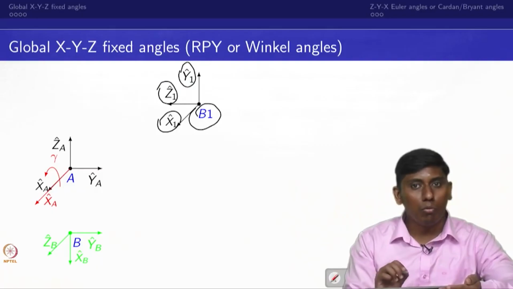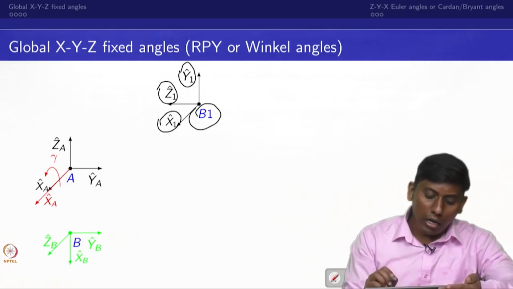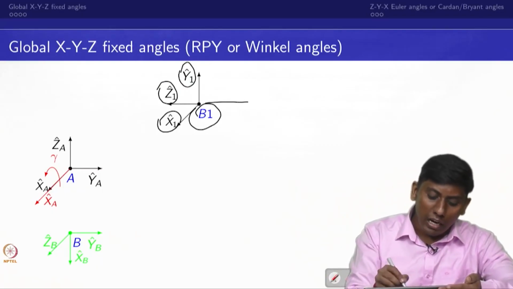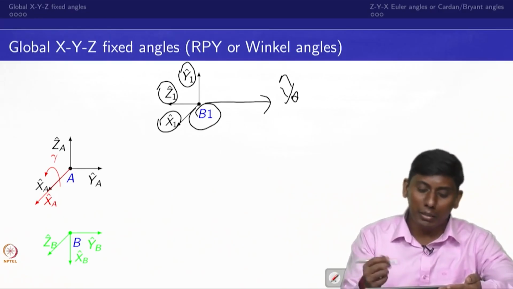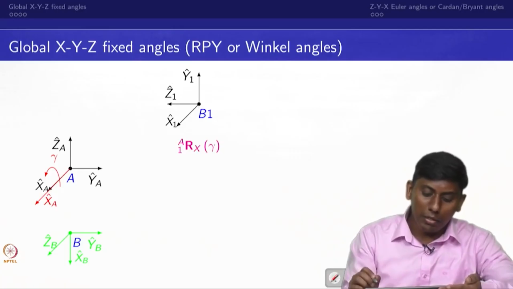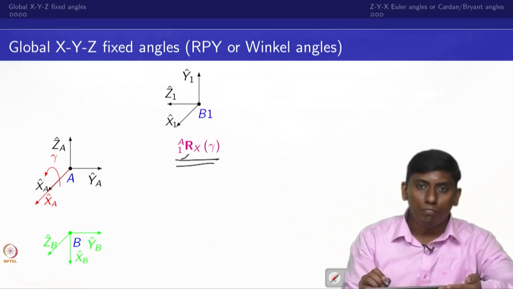Now for the second one, I take ya cap as the common axis and rotate again with another angle called beta. The rotation matrix of B1 with respect to A is rotated about the x axis by the gamma angle.